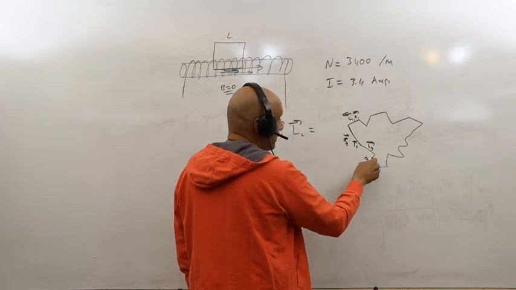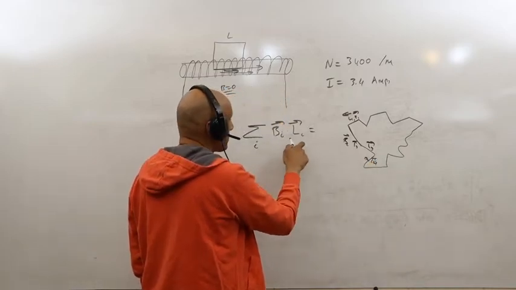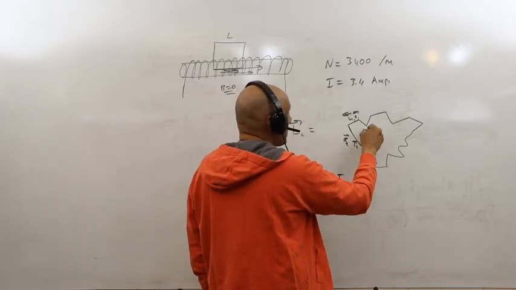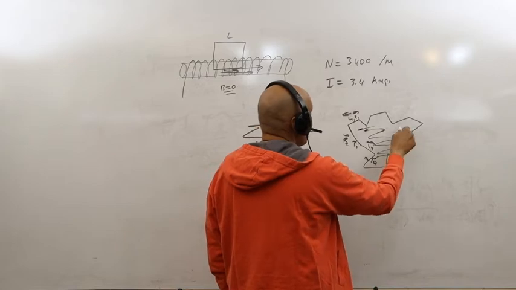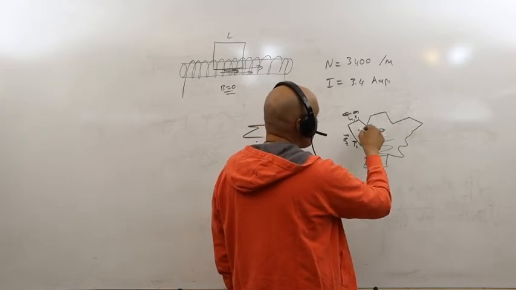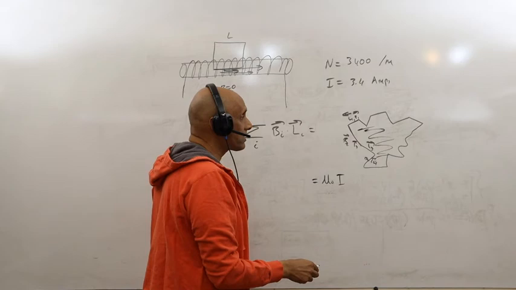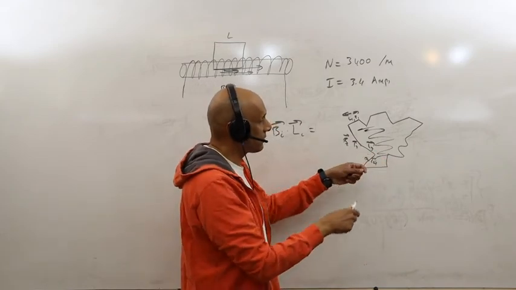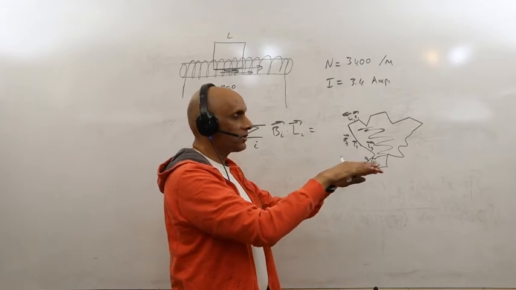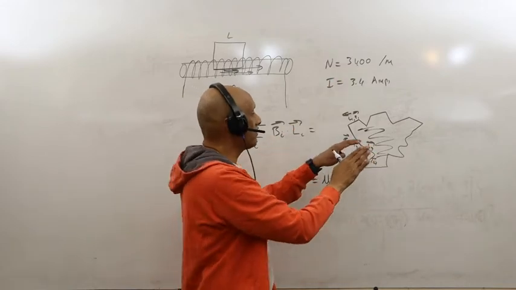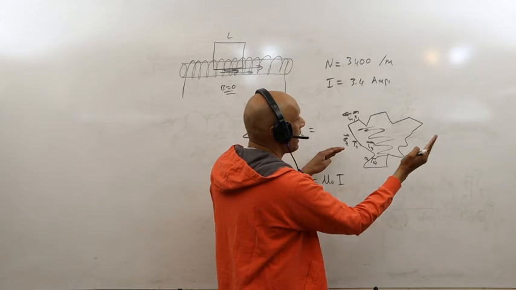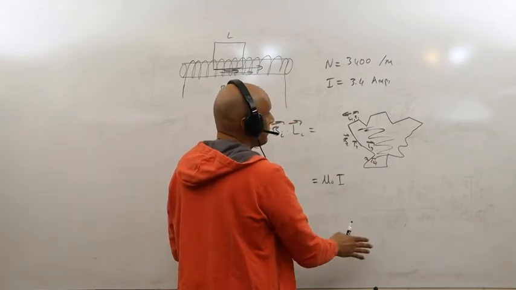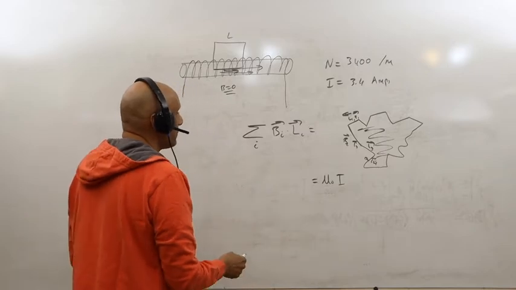The sum of these dot products is equal to mu O times the current that punctures the area that is bounded by this path. It doesn't have to be two-dimensional, this path, even though we just happen to have a path in two dimensions. Once I define a path, the surface could be any bounded surface. It could actually be a surface that goes outside the two-dimensional plane of this board. So this is mu O I.